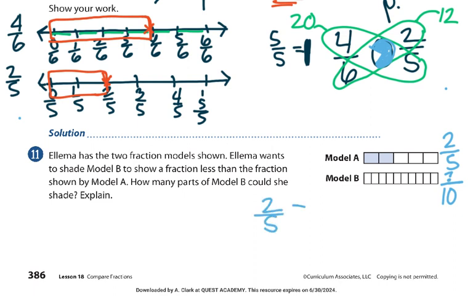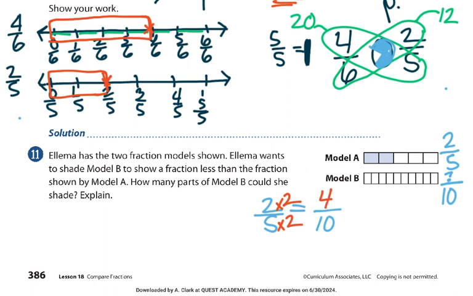Well, let me figure out what the equivalent fraction is first. Okay? How many times will 5 go into 10? 2 times. Whatever I do to the bottom, I do to the top. 2 times 2 is 4/10.